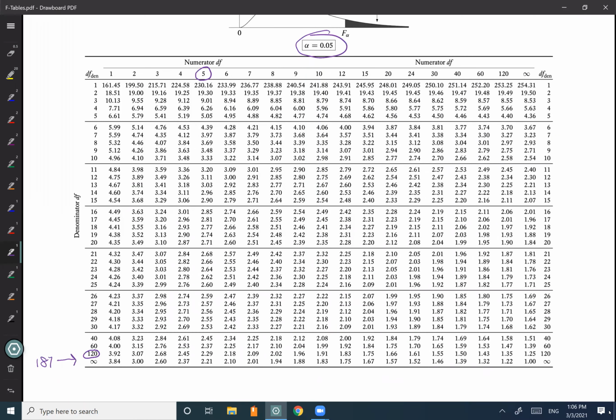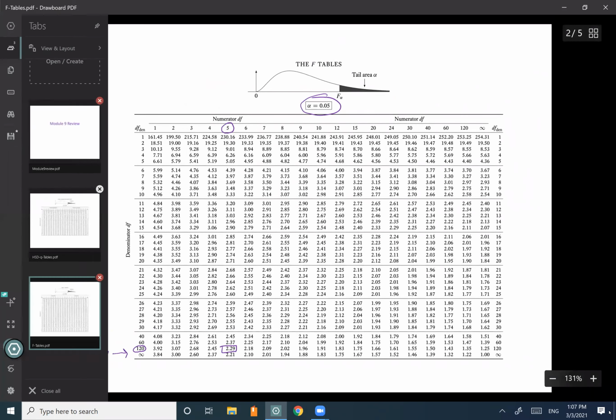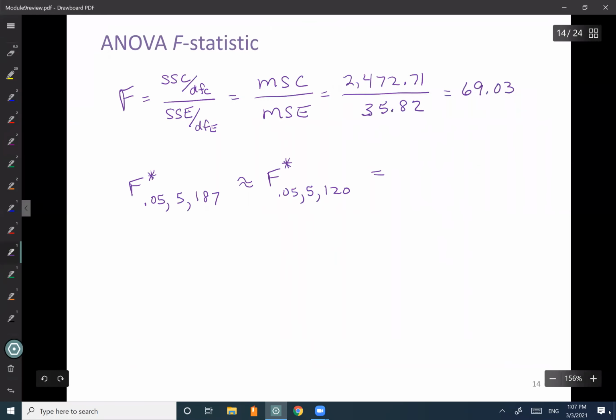And if you look at the value, it comes to 2.29. We know that at infinity, the maximum here, it is 2.21. So 187 degrees of freedom would be somewhere between 120 and infinity, which means the value for F would be somewhere between 2.21 and 2.29. So it's going to be very close. 2.29 is fine to use.